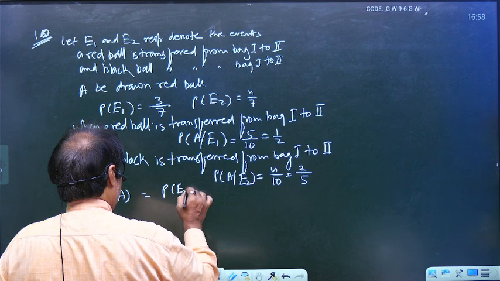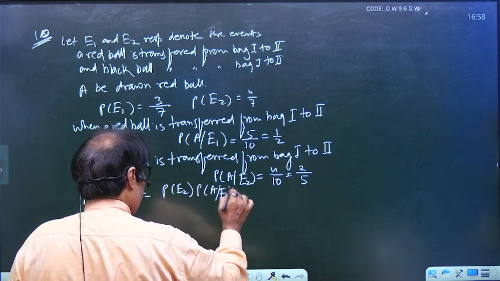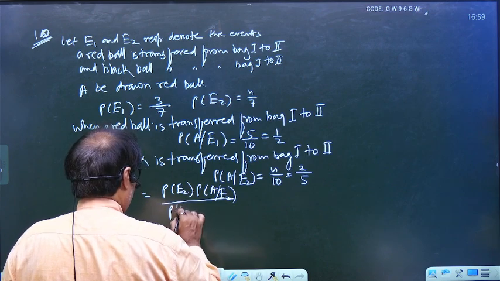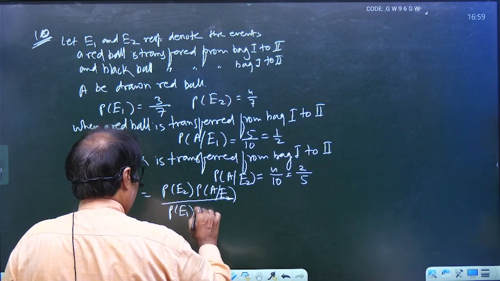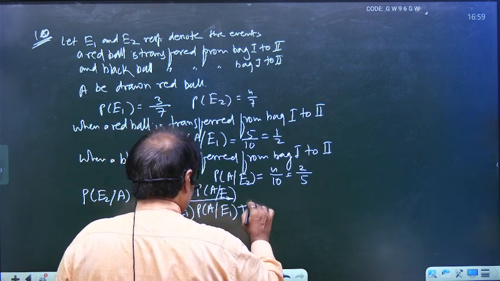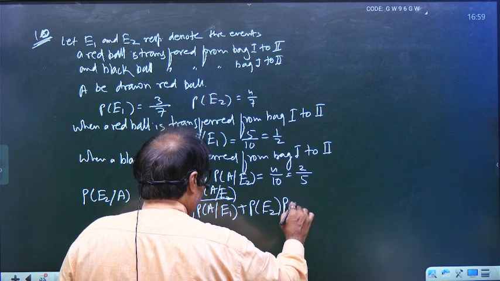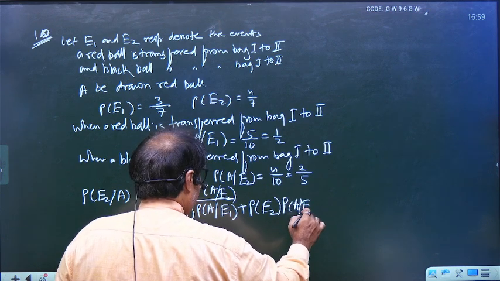Probability of E2 into probability of A by E2 plus probability of E1 into probability of A by E1, and in the numerator probability of E2 into probability of A by E2.